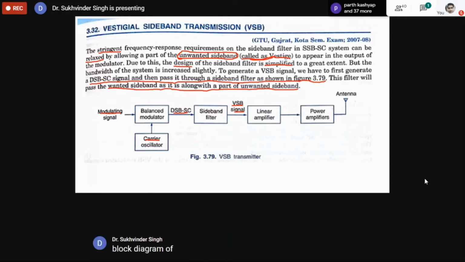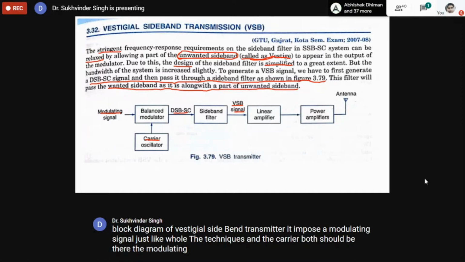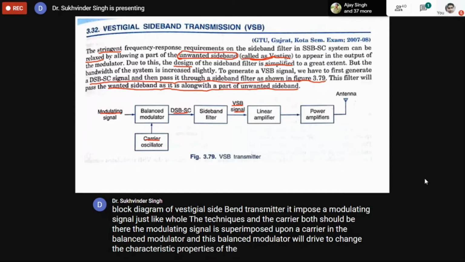These are simply the phase, frequency, amplitude, etc. of the carrier. And how do these characteristic properties change? They change instantaneously, or in time variation, as per the shape of the modulating signal. So the envelope of the modulated wave will always have a similar shape to that of the modulating signal.